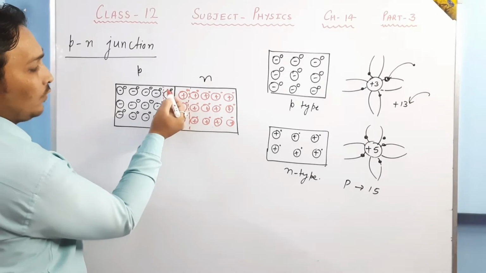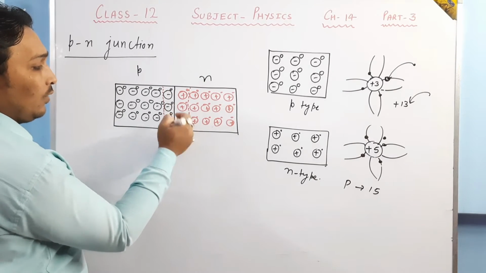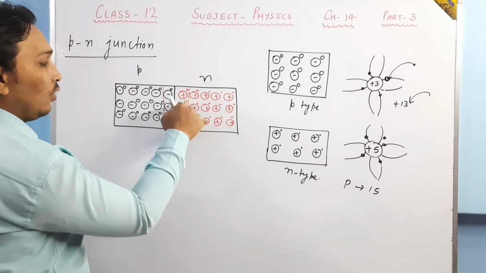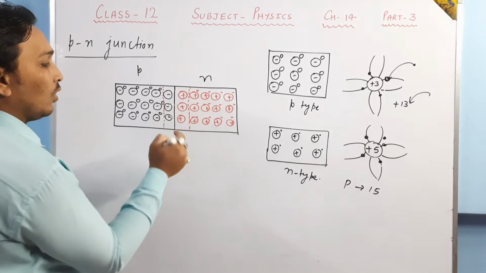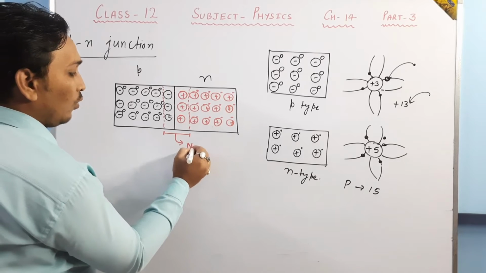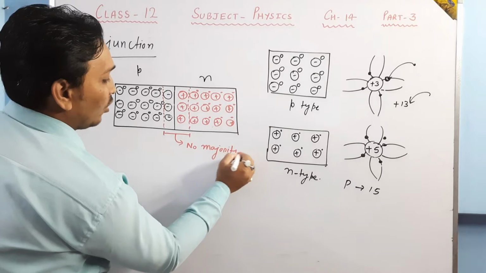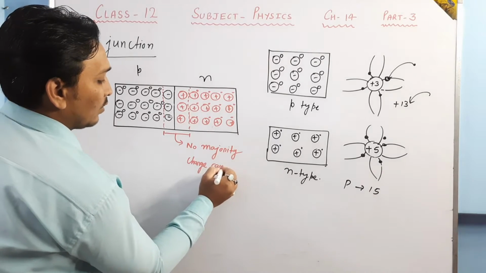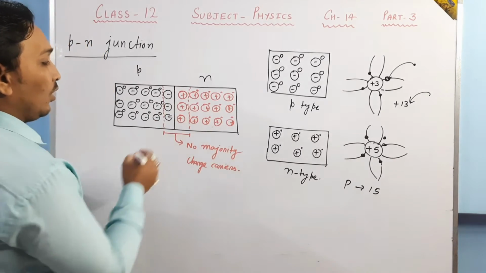An electron goes over here and meets a hole. The hole gets neutralized, and the electron is also gone. So nearby the junction, we get a region where no majority charge carriers are there.